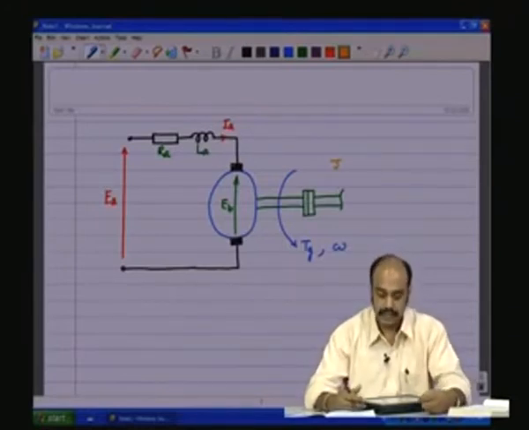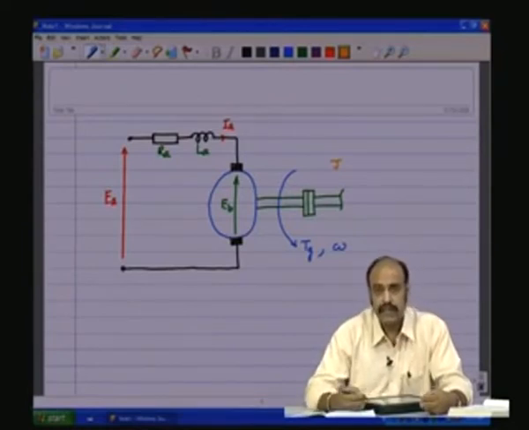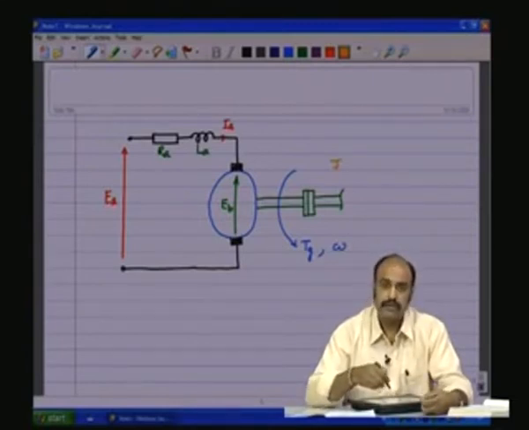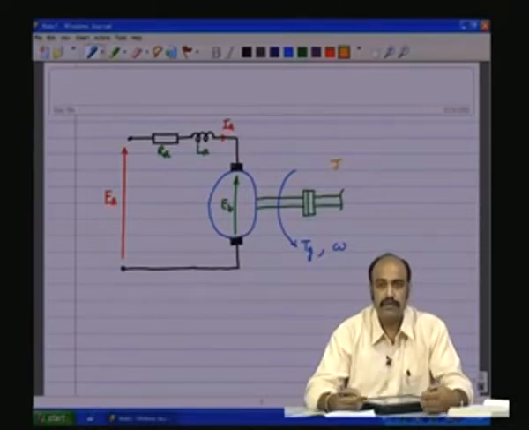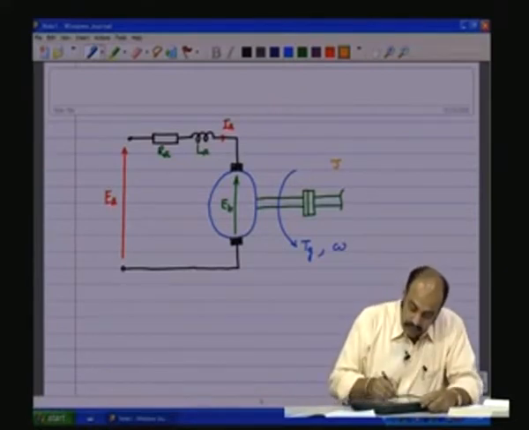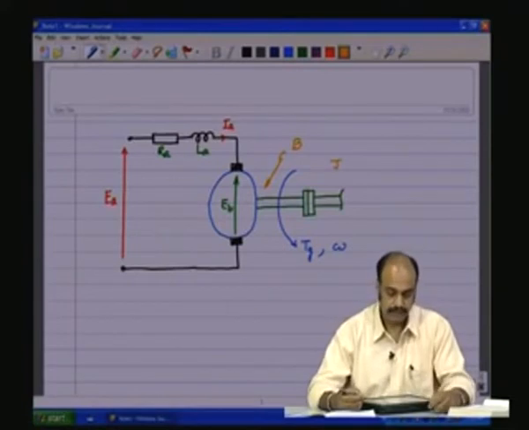Therefore, J, the inertial parameter, is similar to L, the inductive parameter, and the state variable in the mechanical domain involved with the parameter J would be omega, the speed. There could also be some friction at the bearings, and we will call it friction B.